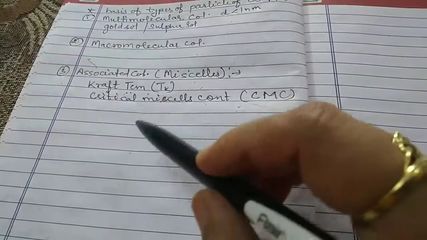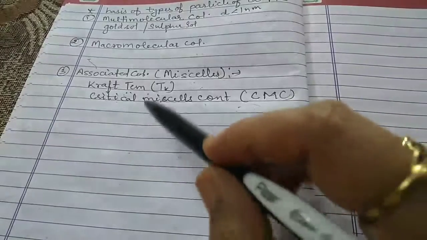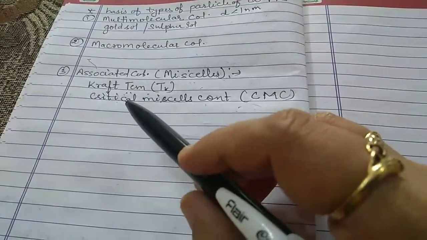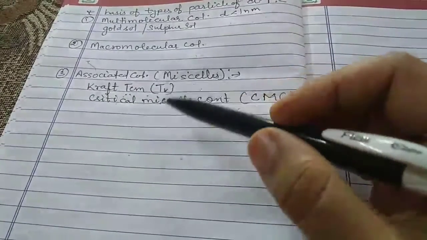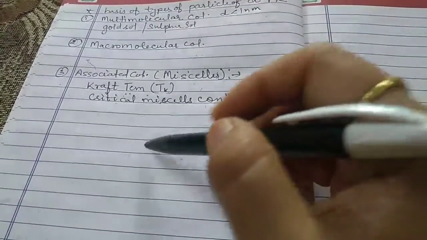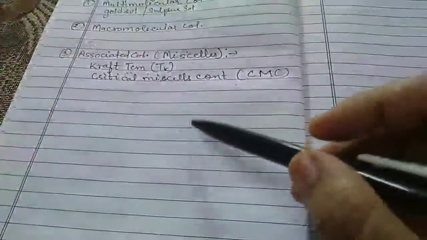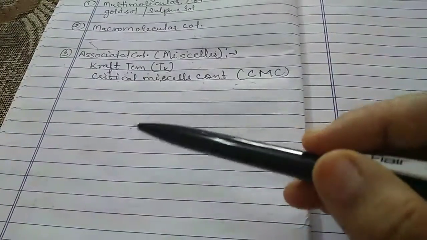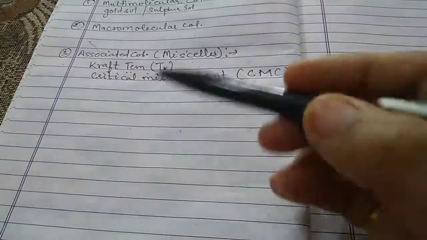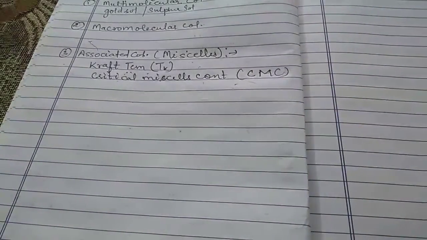So when we dissolve soap in water, it forms the structure of a micelle, and the part which is attached to the dirt or grease particle forms a structure known as the micelle. So it aggregates and attaches to the dirt particle, and as we agitate the cloth, we can easily get rid of the grease or the oily spot.